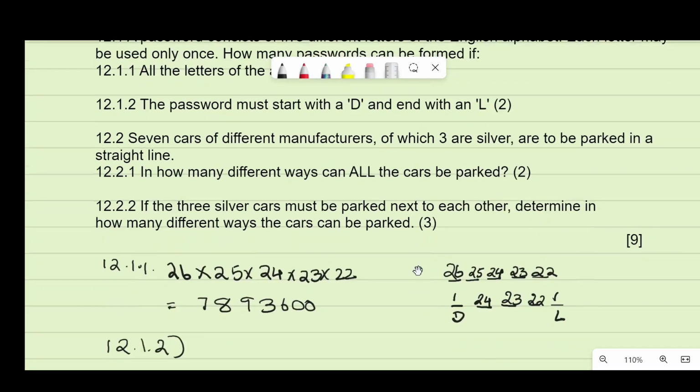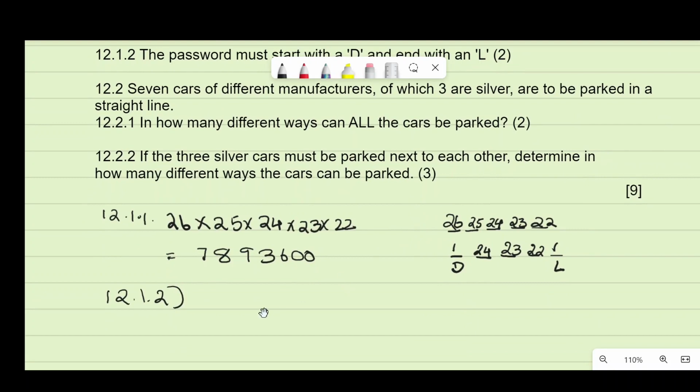When you write the answer, you will say the answer is going to be 1 times 24 times 23 times 22 times 1. Remember, this is not a probability question, so you don't need to divide by anything. So the final answer will be 12 144.